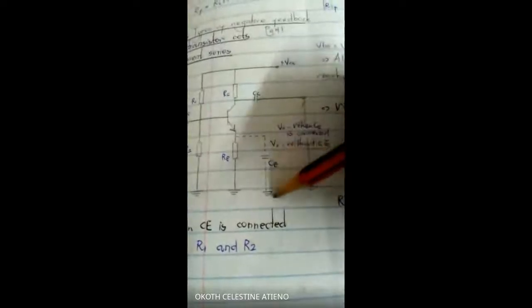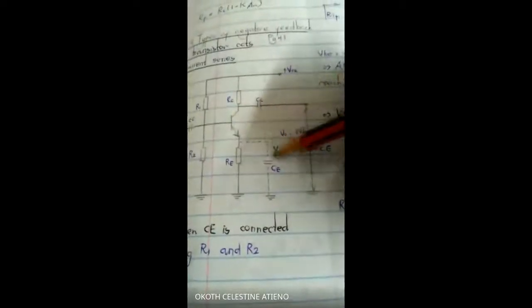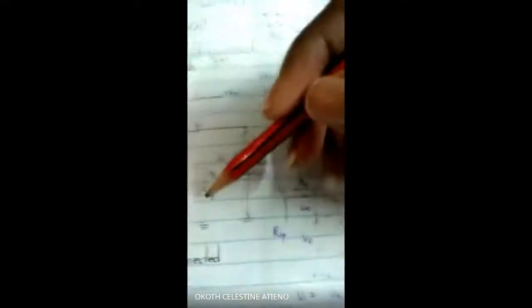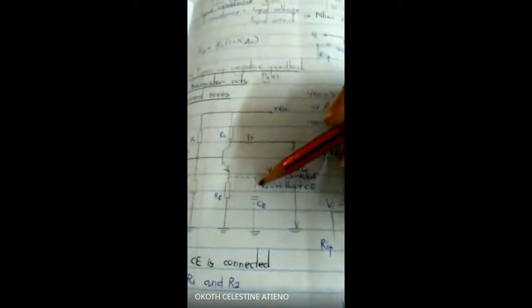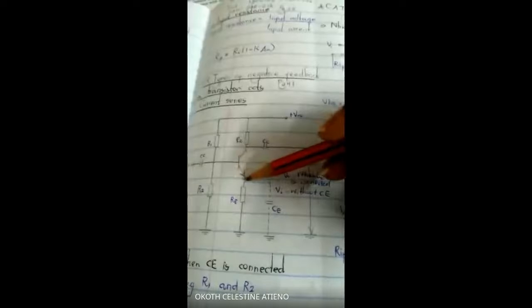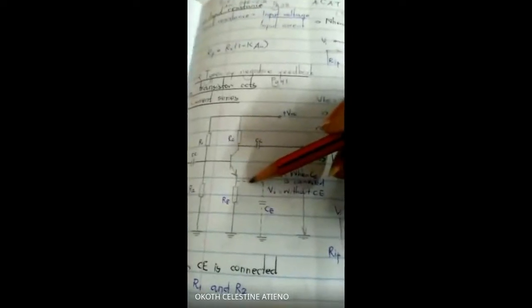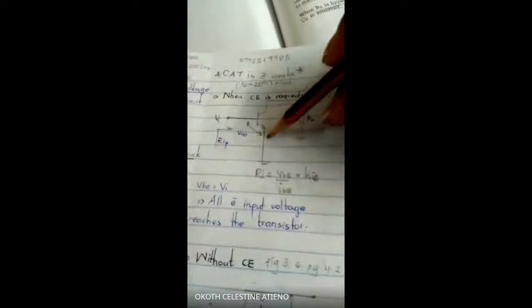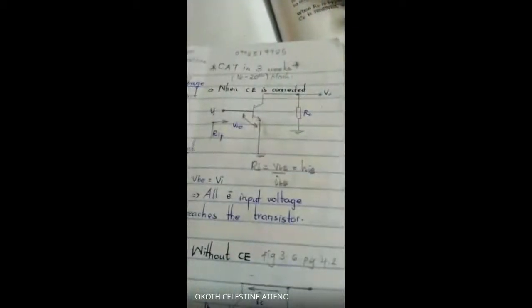This is what we call the bypass capacitor. When you have the capacitor and you do the AC equivalent circuit, this capacitor shorts out RE. So we have a wire there. With this one, there is no negative feedback.